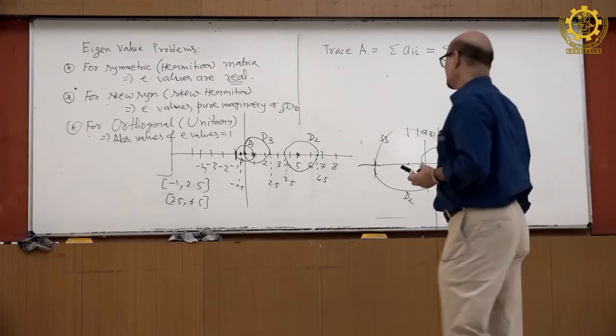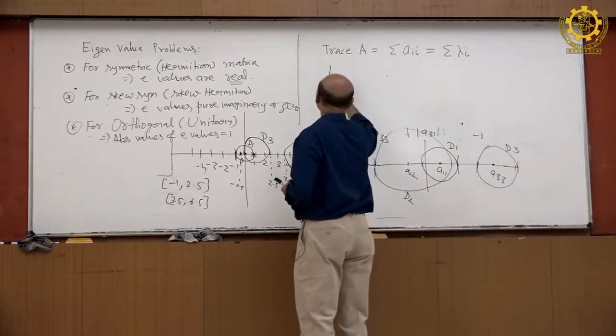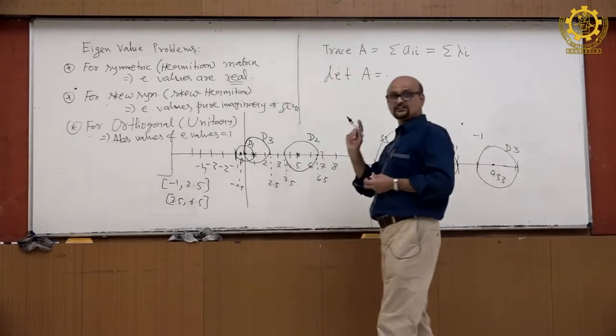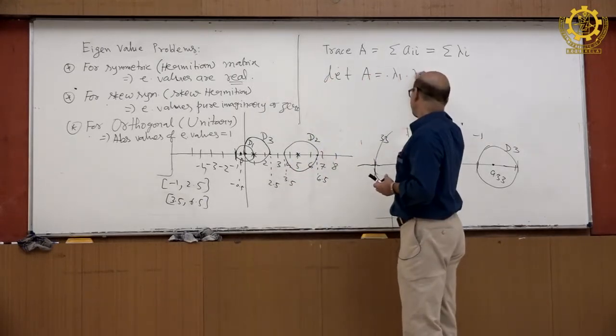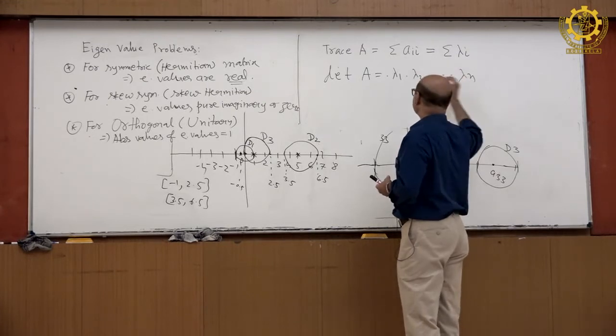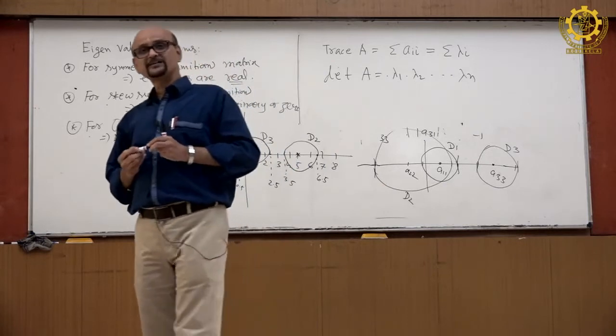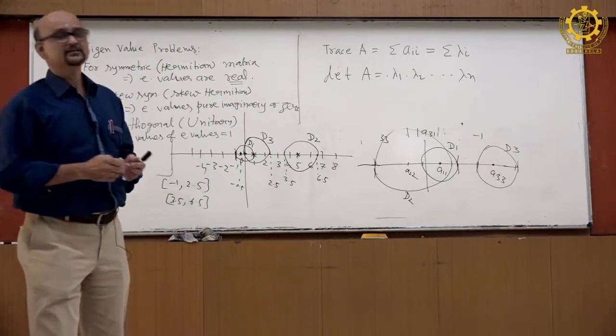Okay. Another property I have, determinant of A is the product of all the eigenvalues, that means lambda 1 into lambda 2 into lambda n depending upon the order of the matrix. These are a few properties, there are other properties, okay. You can see those.